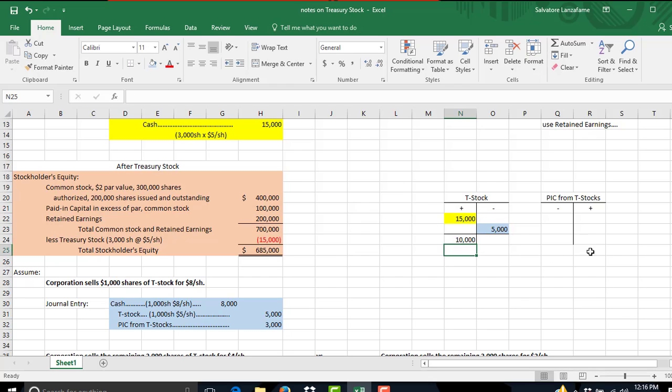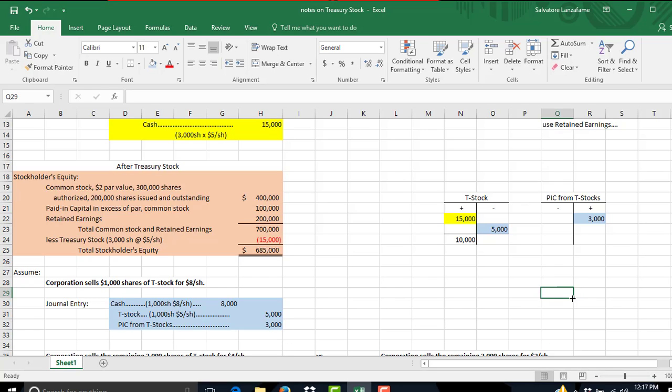And I also want to credit my PIK from T stocks, which currently has a $3,000 credit balance, and that's normal. PIK from T stocks should always carry a credit balance. It's okay for me to debit it, but in this particular scenario, the most I will be allowed to debit it for is 3,000, because PIK from T stocks can never have a debit balance.